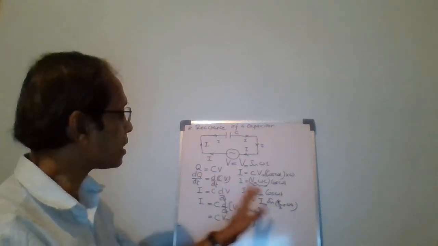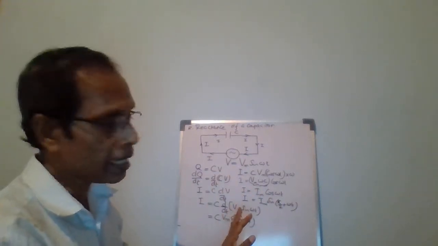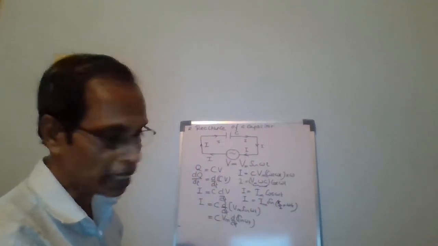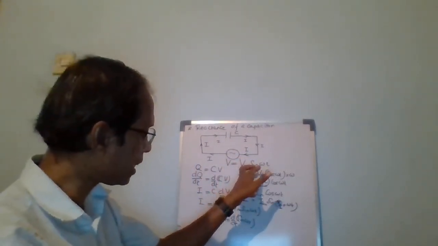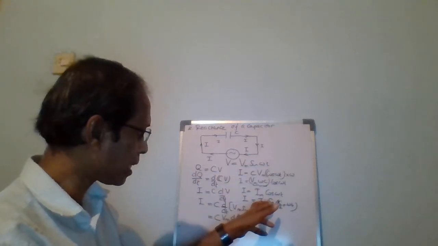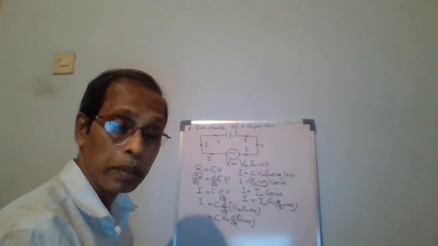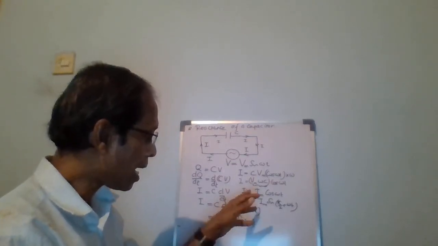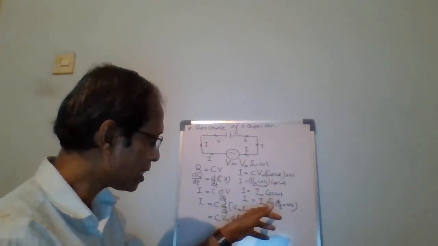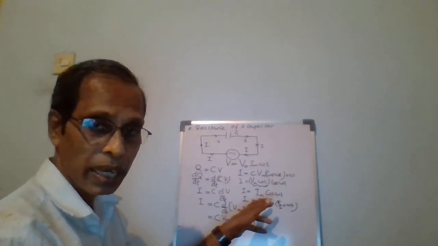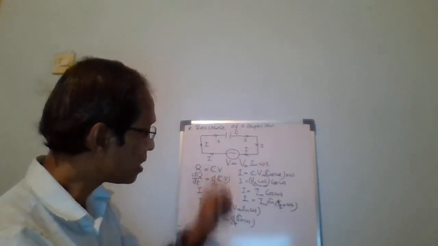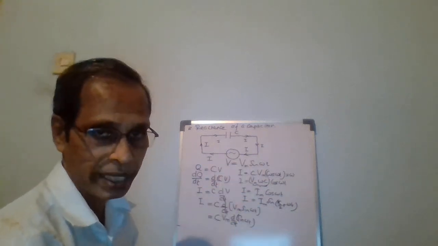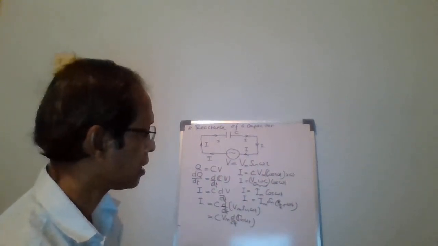Earlier we had the same angle for voltage and current, but here the angle for voltage is omega t, while the angle for the current is omega t plus pi divided by 2. Therefore, the angle in the current is pi divided by 2 radians in advance with respect to the angle in the voltage.